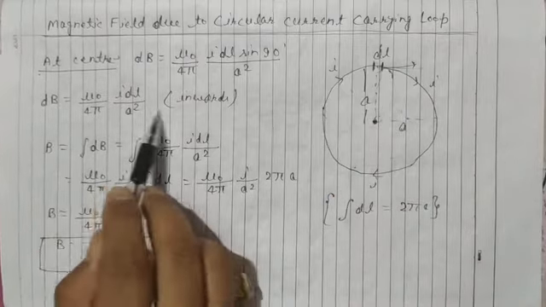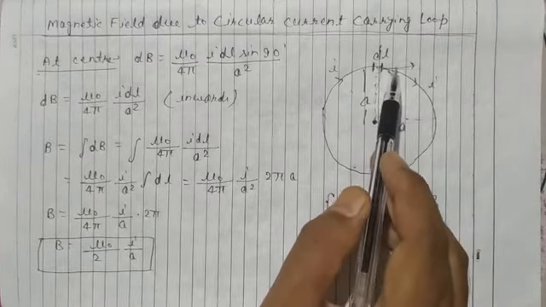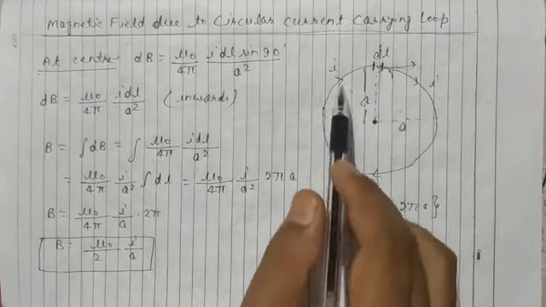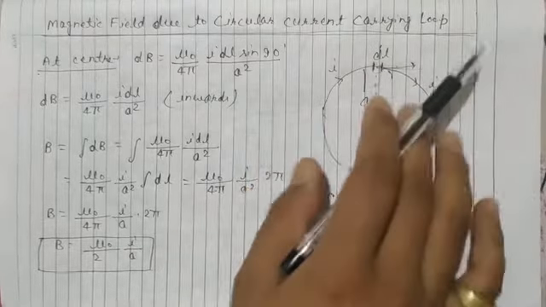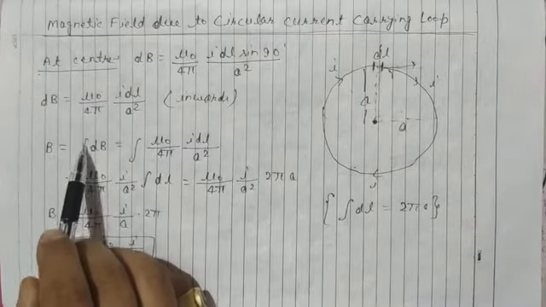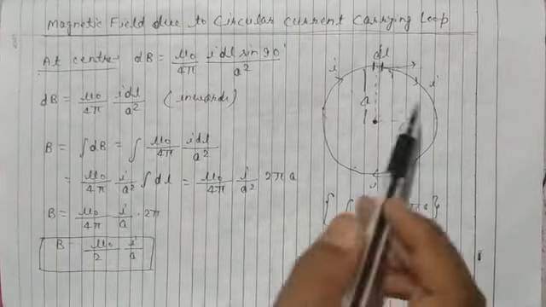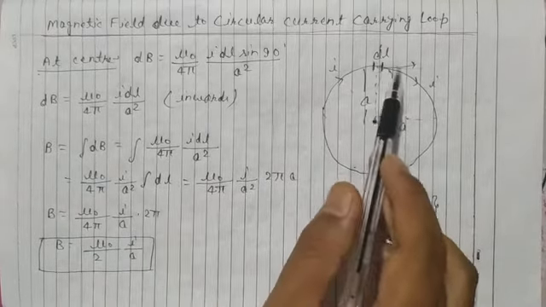This is the magnetic field due to a small element. Then we cut a small element here, a small element here, small elements of this current carrying loop, and then we sum all the small magnetic fields. The sign of integration means the sum of all magnetic fields, and here the integration of dl is the sum of small dl.